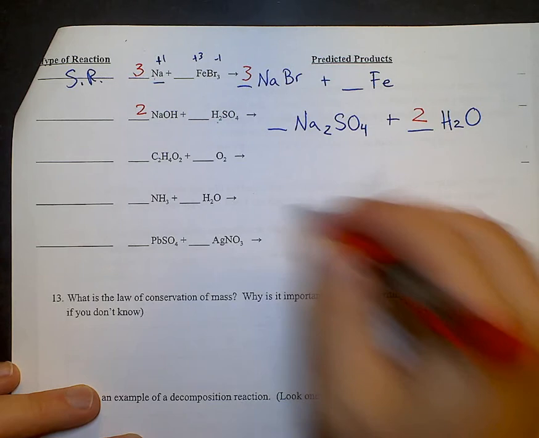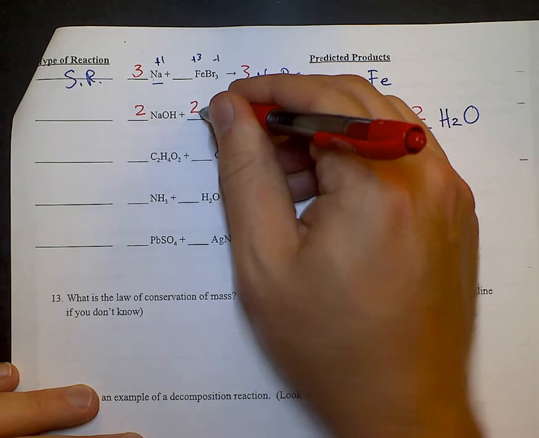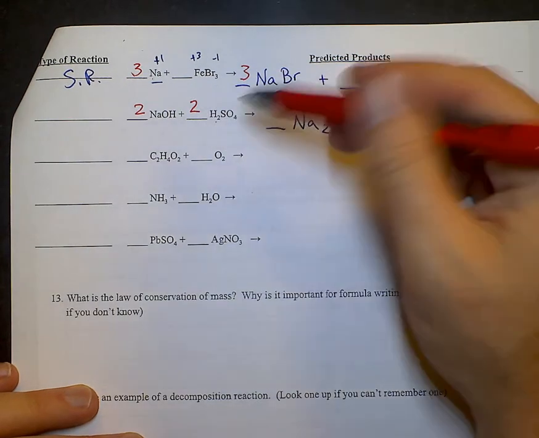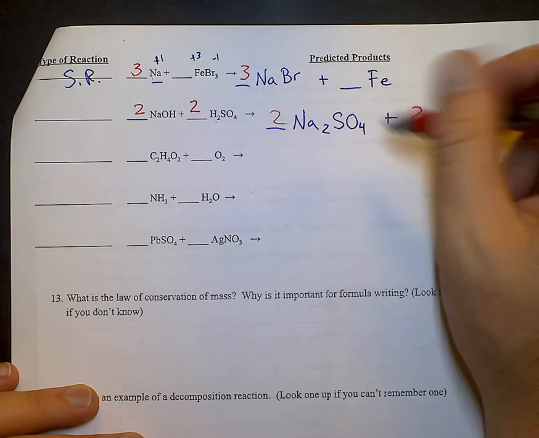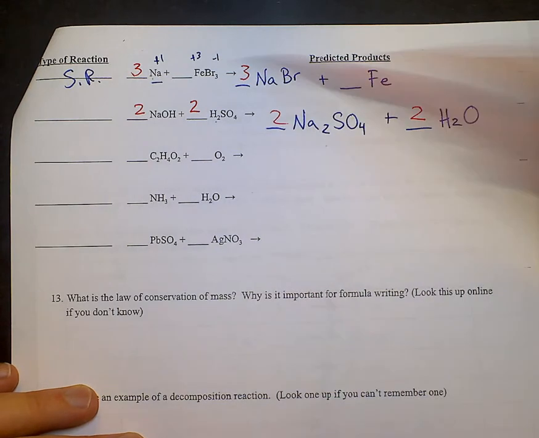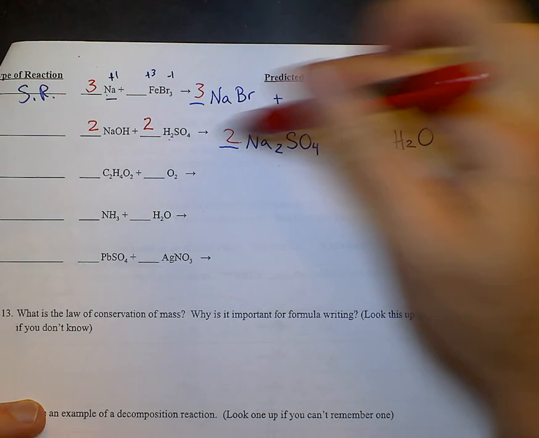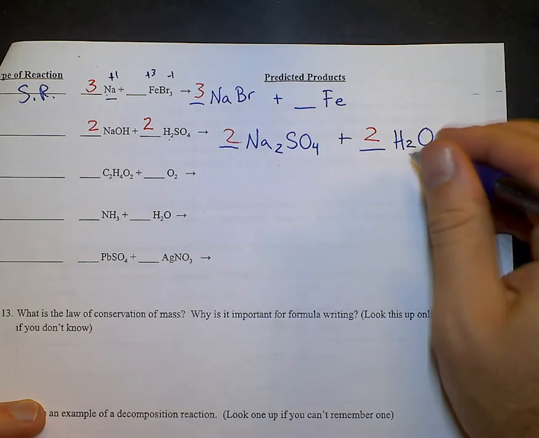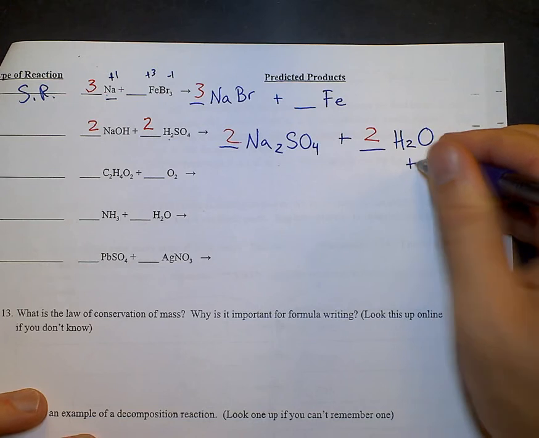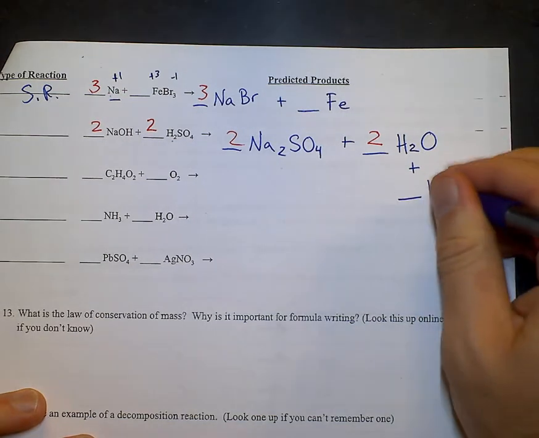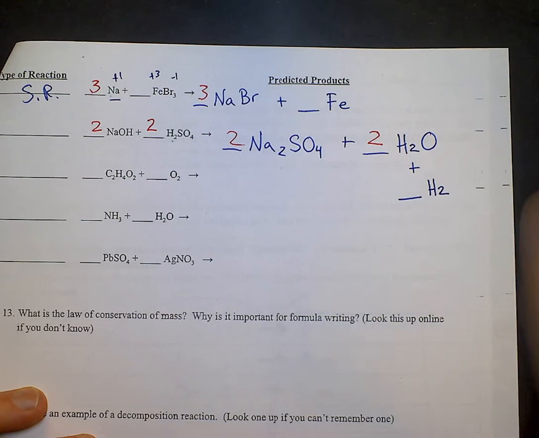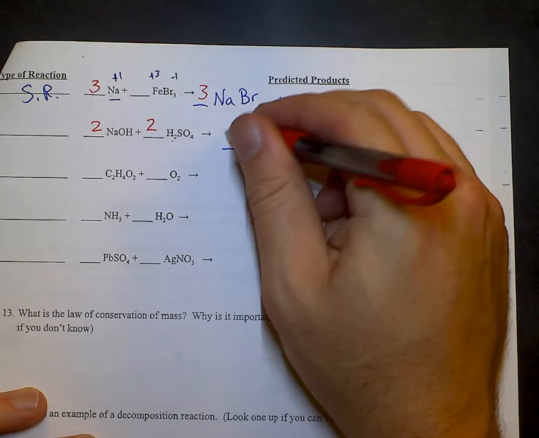We're going to end up putting a 2 here, and 2 sulfurs. This is wrong. This is impossible to balance, which means I'm missing something. Add hydrogen gas to this, plus H2.